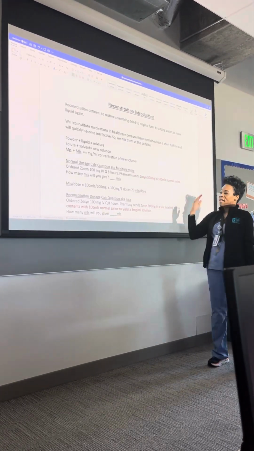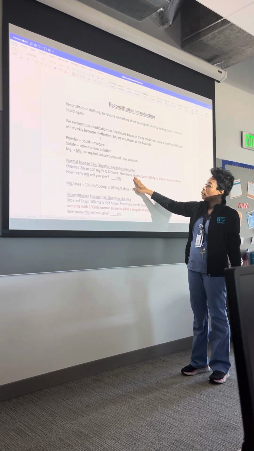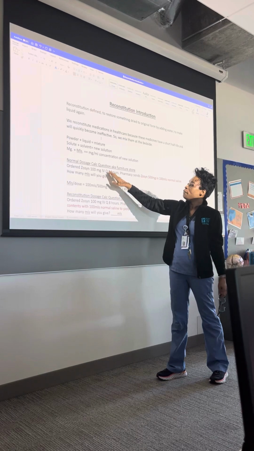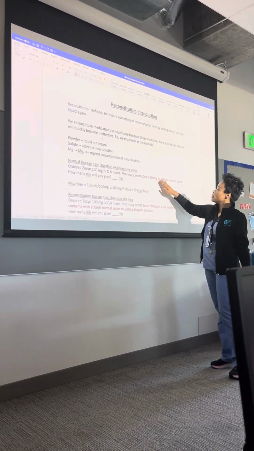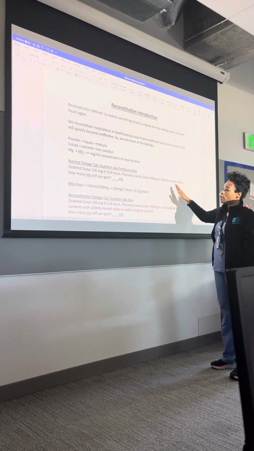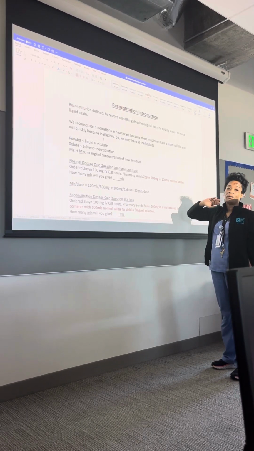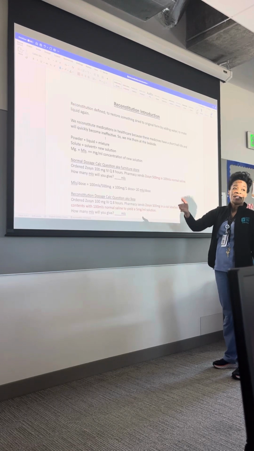So, this is a normal dosage calculation question, right? You're ordered Zosyn 100 milligrams IV every 8 hours. Pharmacy sends you Zosyn 500 milligrams in 100 mLs normal saline. How many mLs will you get? First of all, disclaimer, I make things up. I make up the dose, I make up everything because I'm trying to prove a point to you.